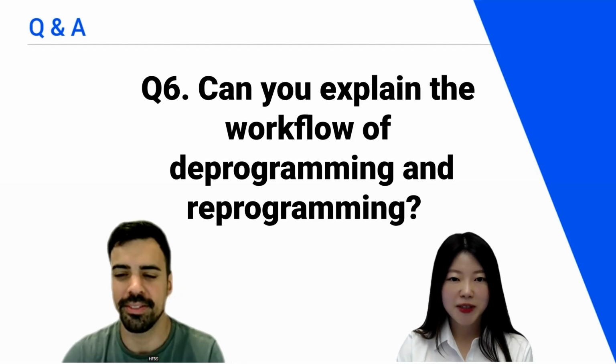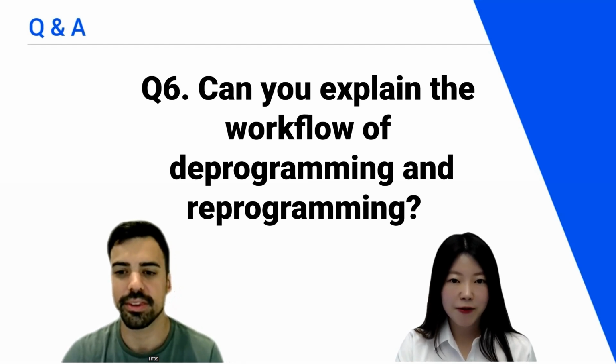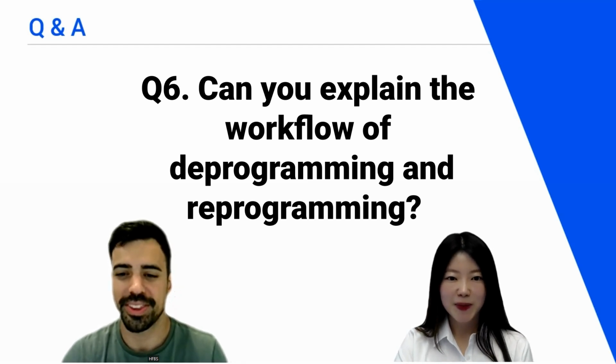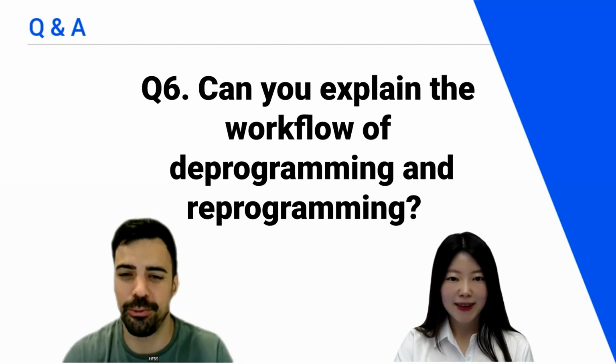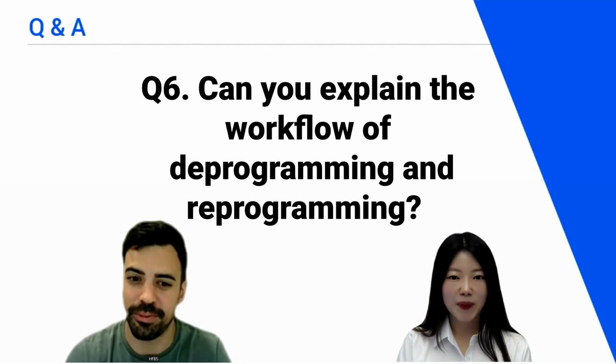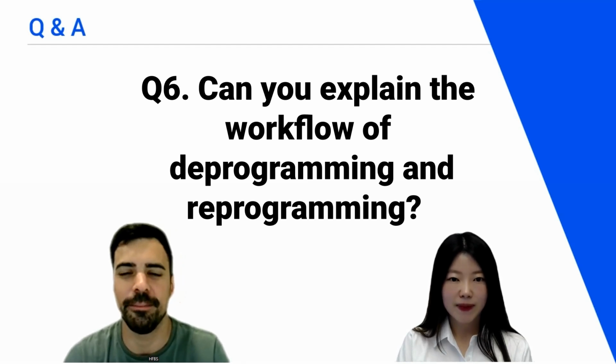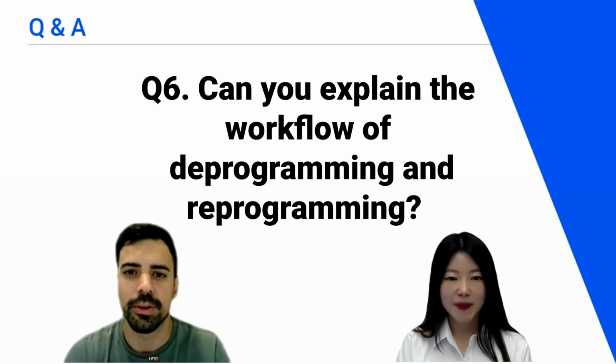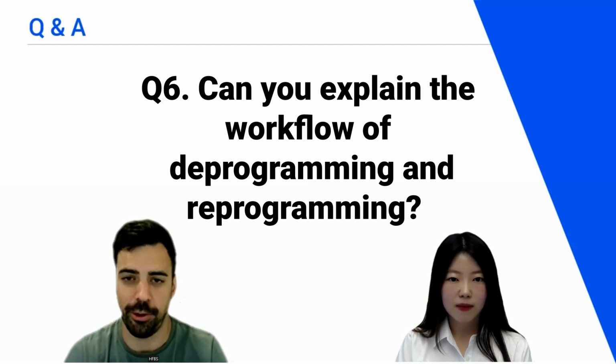Okay. So last question. Question number 6. Can you explain the workflow of deprogramming and reprogramming? Yeah, it's a big workflow, and to see how to deprogram or reprogram a patient, we need to see everything as a whole.